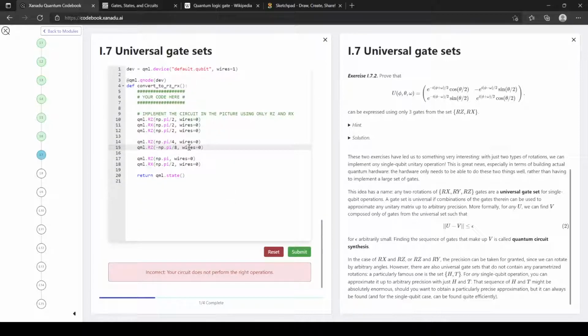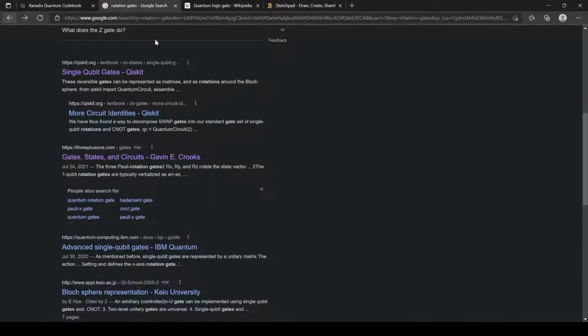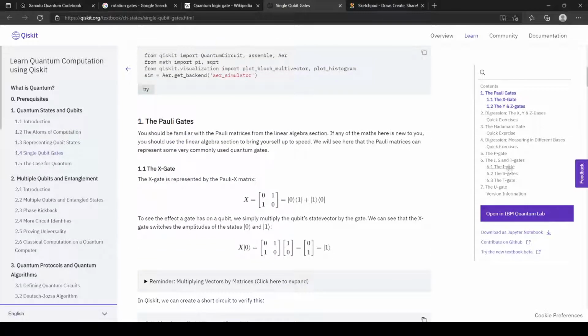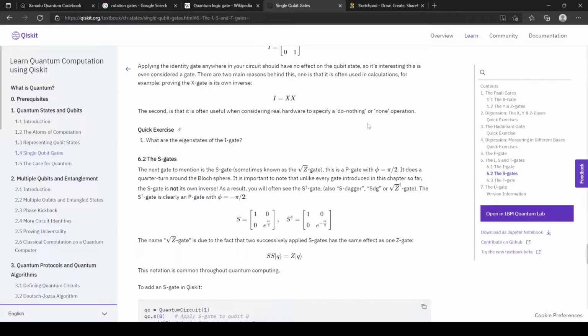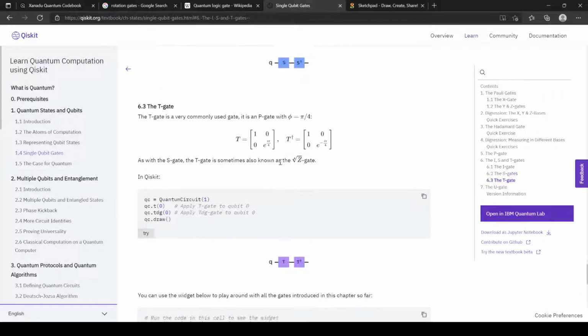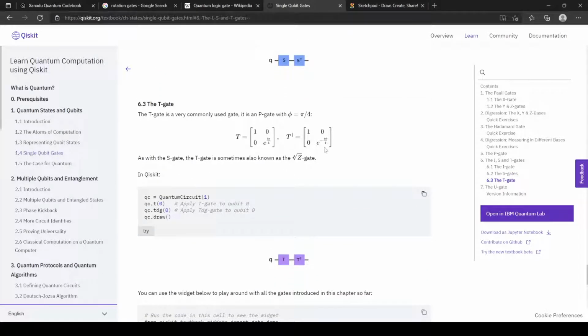Okay, I need to look up what the T and the S gates are. I don't remember their matrices. I think they were on this link. Here we go. The I, S, and T gate. The S gate is equal to pi over 2. T gate is pi over 4.